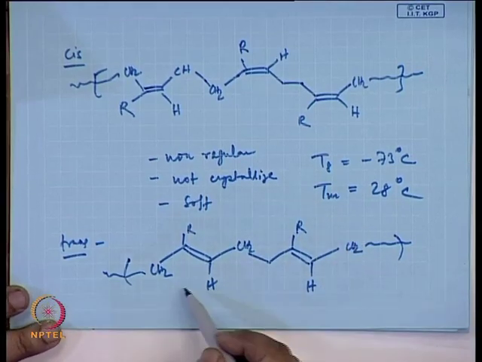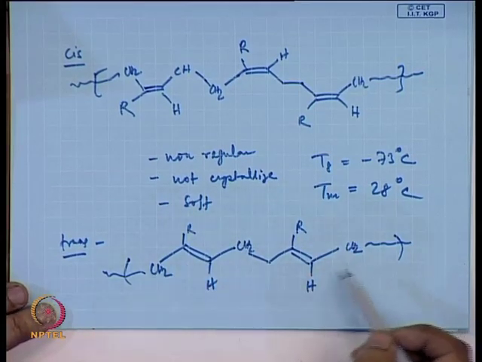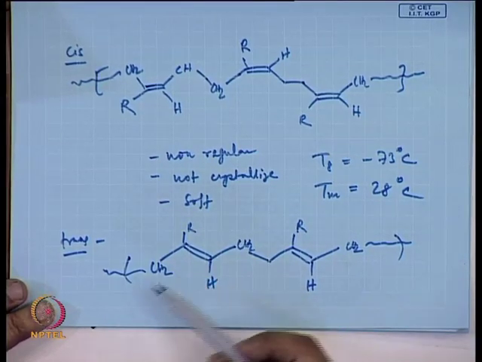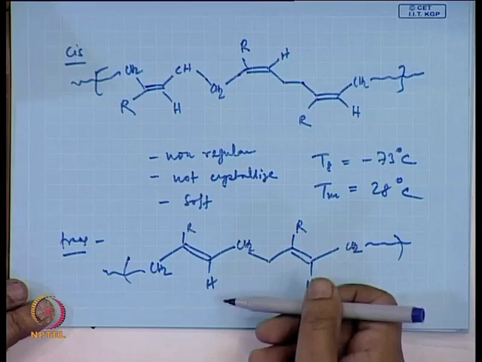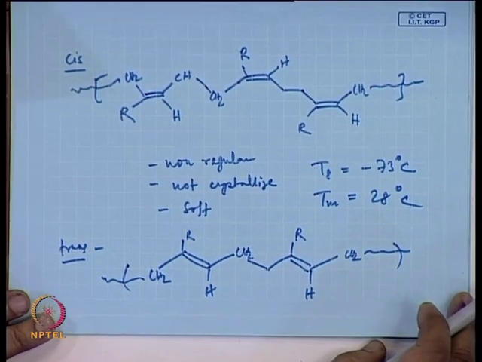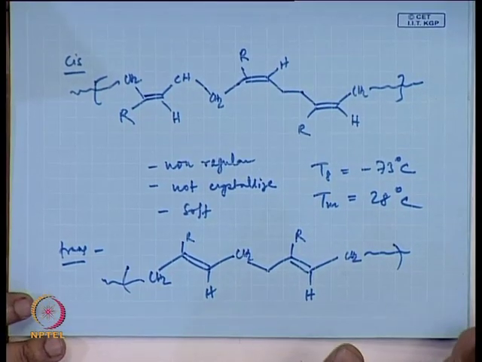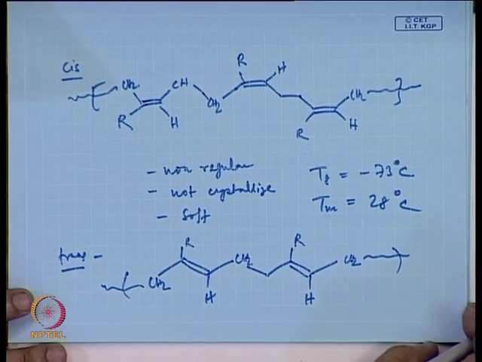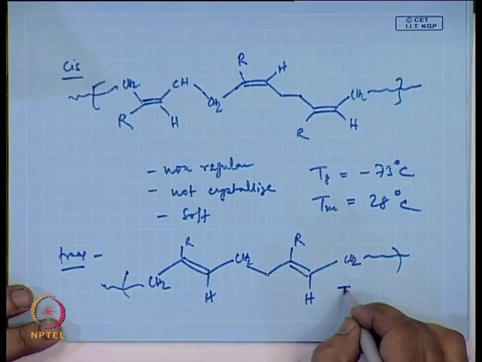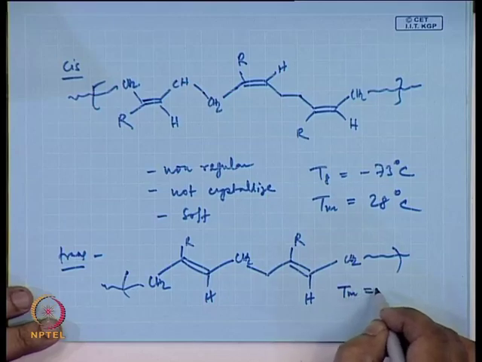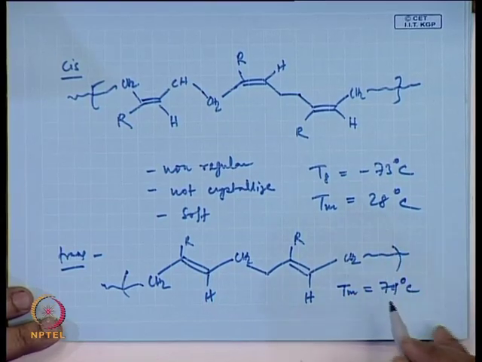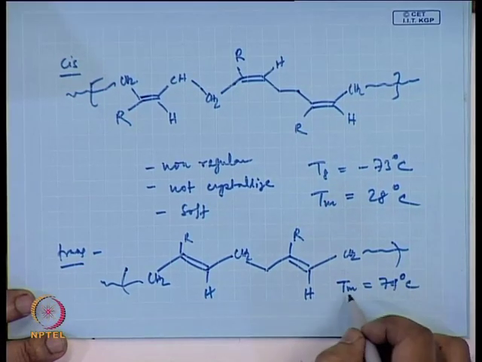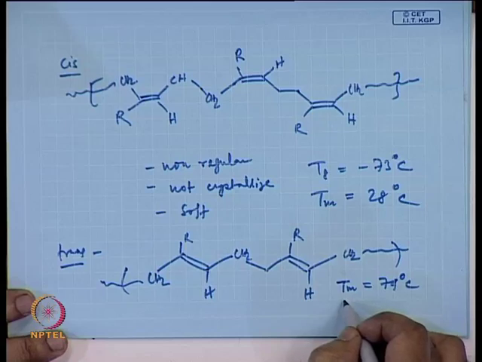Now, you yourself can imagine this is a very regular structure, which means that the polymer chains can come closer to each other and pack very well. As a result, they can crystallize easily and hence the melting point is higher, 74 degree centigrade compared to 28 degree centigrade. So, at room temperature this has a crystalline structure.